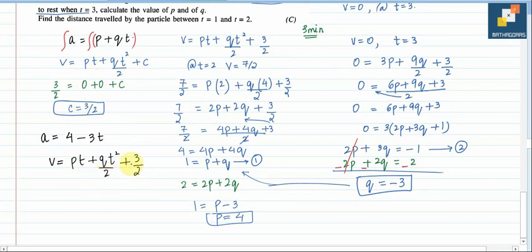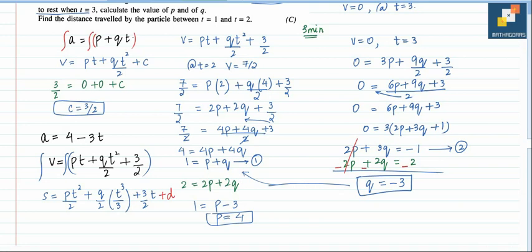Now you need to integrate it again for the displacement expression. So when you integrate it, it will be pt square divided by 2 plus q upon 2 present. T square integral is t cube upon 3 plus 3 upon 2t, and we need to introduce the constant, that is d, because c is already being used.